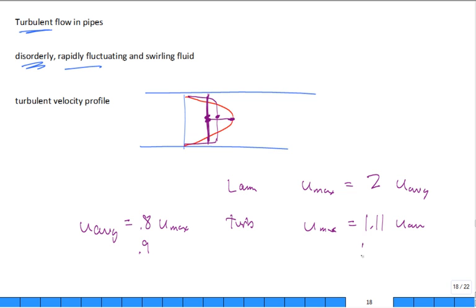So let's say 1.11, 1.25 times U average. So it's a lot flatter, and it still has to have that no-slip boundary condition. But we don't have a nice packaged analytic expression for it. Well, we can make one that's close, like we did before, and then analyze it, but it's not like the nice analytic quadratic profile for laminar flow.